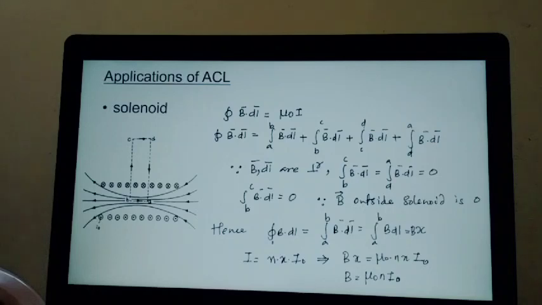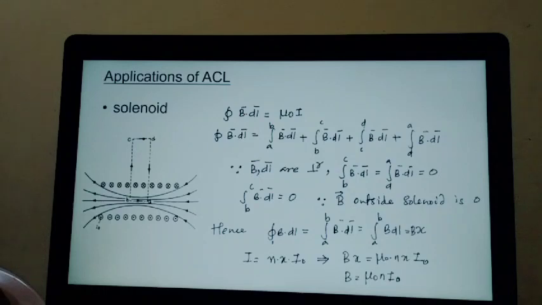Now we can go for the left hand side first, the line integral of B dot dl. Our closed loop is a rectangular loop, and we have to take the integral on each arm separately and add all together to find the total line integral over the closed loop. So we separate the four arms: the integral from A to B of B dot dl, plus B to C of B dot dl, plus C to D of B dot dl, plus D to A of B dot dl.